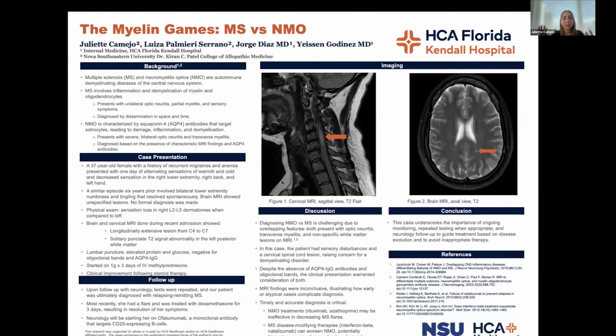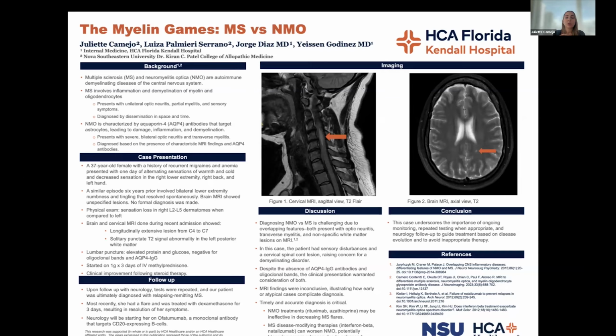So let's begin with a bit of background. Both MS, multiple sclerosis, and neuromyelitis optica, NMO, are autoimmune demyelinating diseases of the central nervous system. They share overlapping features, which makes diagnostics particularly challenging, because MS typically presents with unilateral optic neuritis, partial myelitis, and sensory symptoms, and it's diagnosed by dissemination of the symptoms in space and time.